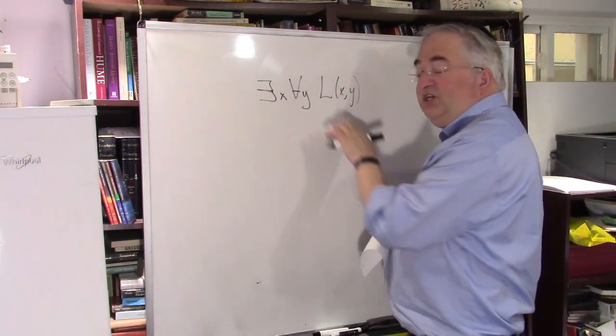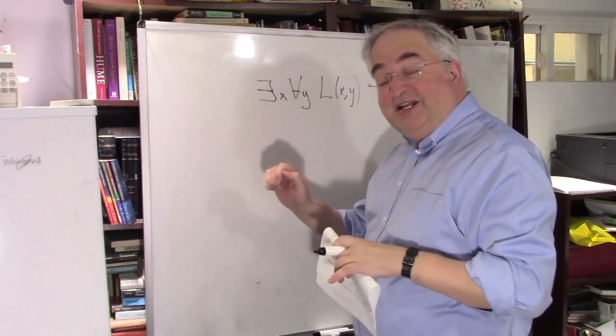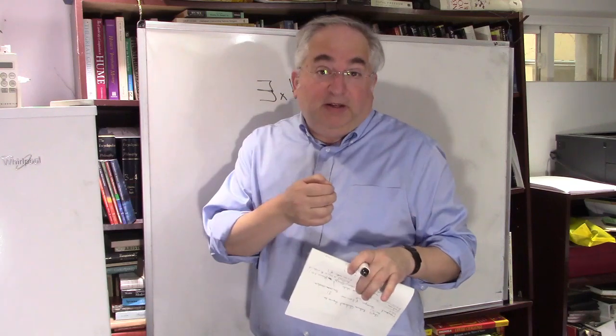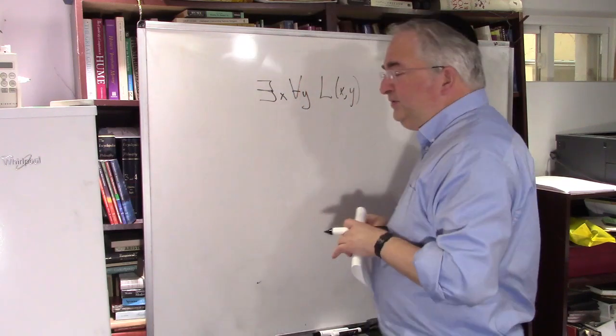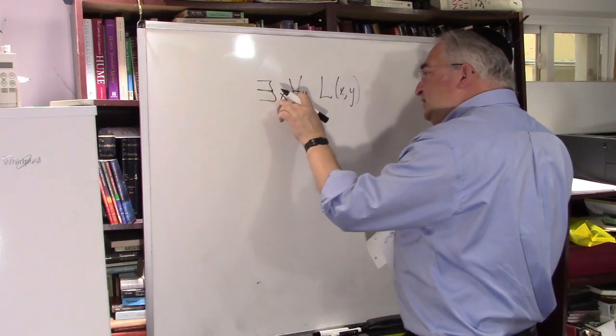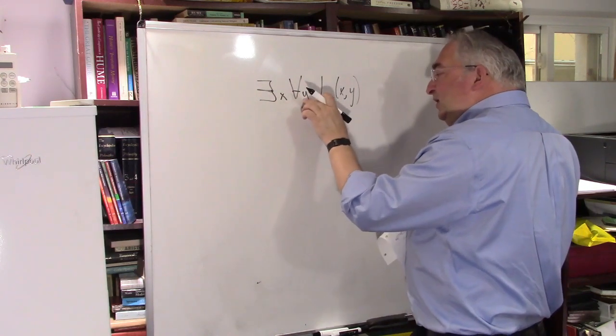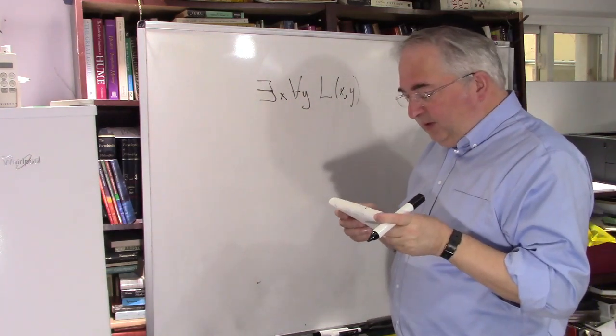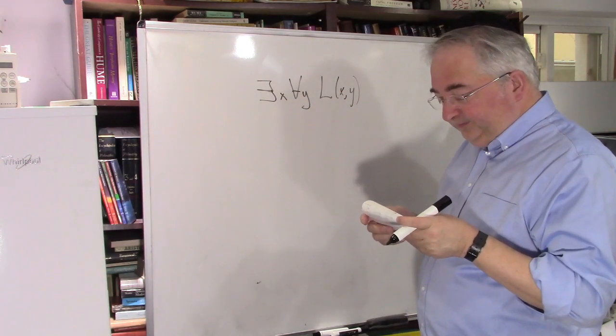There exists an X such that there exists a Y. That says there is one person who loves somebody. This says there is a person who loves everyone. So, I don't know, Mother Teresa, okay? She takes care of all sick people. She loves everybody.